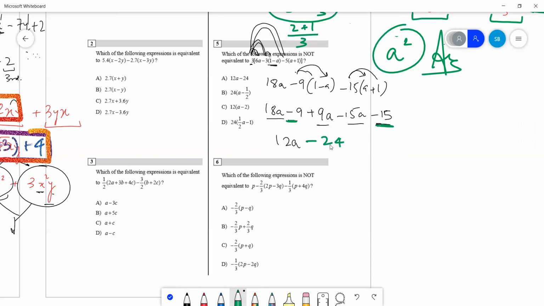What was your answer? My answer was A. That's right. You're correct. I don't know which key I was seeing. Answer to question number 5 is A. So that's correct, 12a minus 24. That's 100% right.